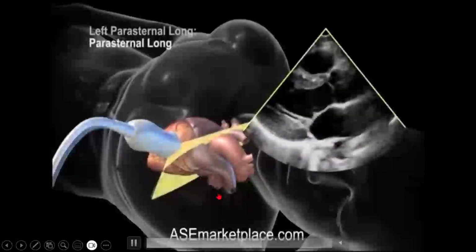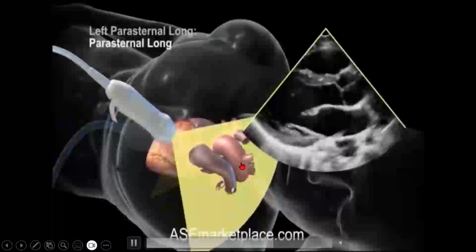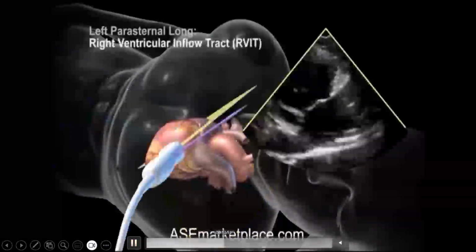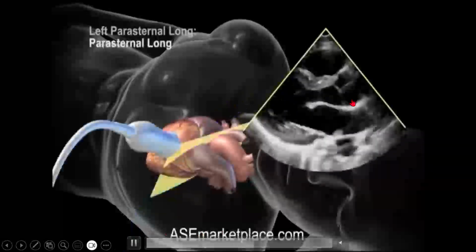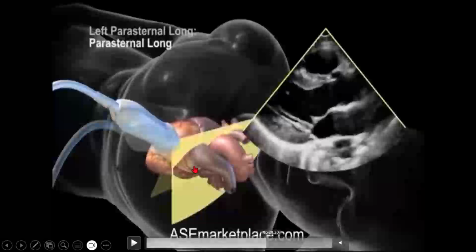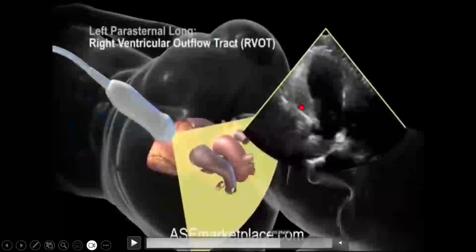Then we sweep up towards the head. In this parasternal long axis standard view, you see this aorta, which is horizontal. When we sweep the probe up towards the head, that aorta, which was horizontal, is gone.